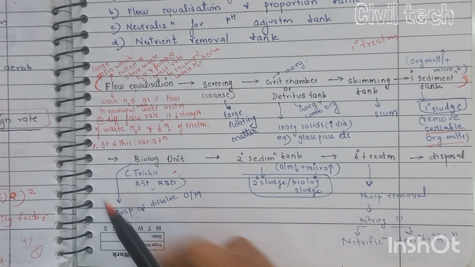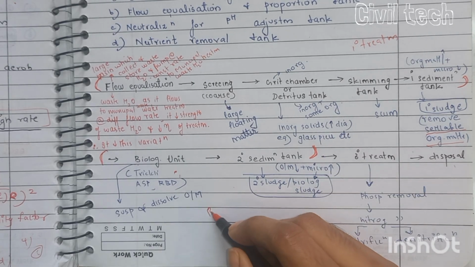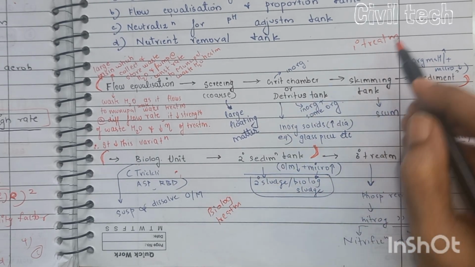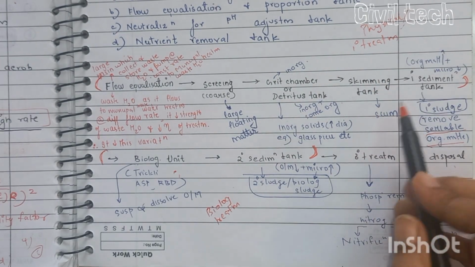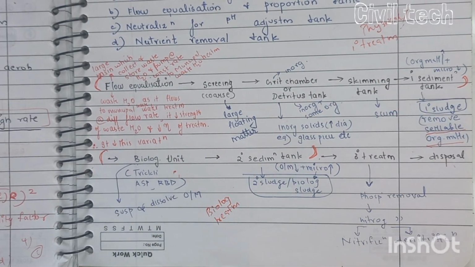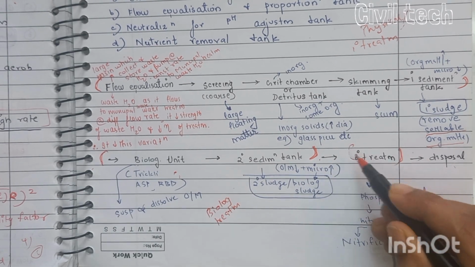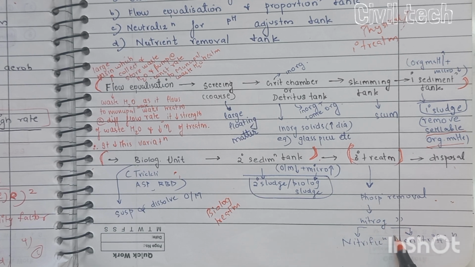So up to the secondary treatment is actually the biological treatment unit. This is physical treatment unit. Then this one is biological treatment, and then it goes to the tertiary treatment, which is for phosphorus removal, nitrogen removal. Okay, then it goes to the disposal unit.